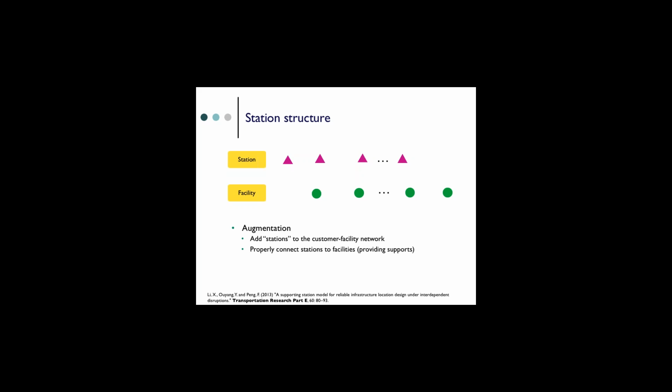Then we properly connect these stations to these facilities. We require that a facility is functioning if and only if at least one of the connected stations is functioning. For example, if this facility is disrupted, then both these 2 stations should be disrupted. Otherwise, if this one is functioning, then it can provide support to this facility, and this facility is still able to work.